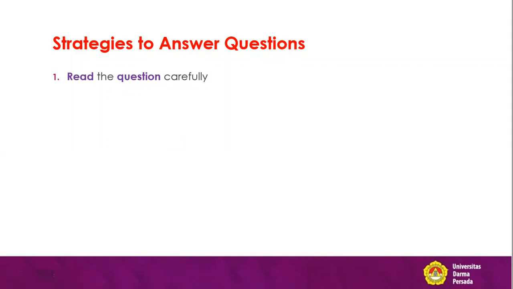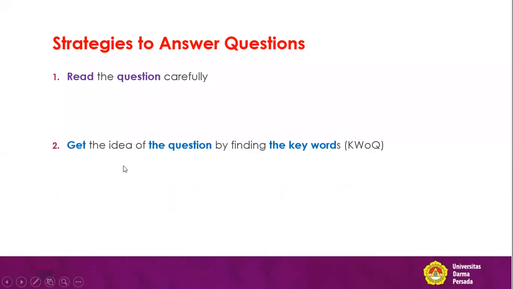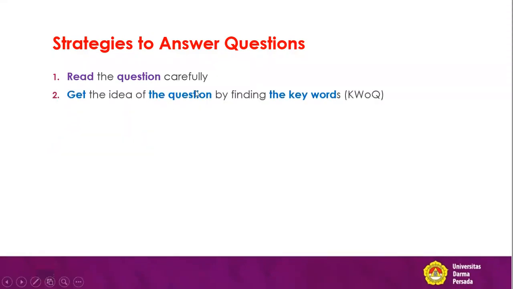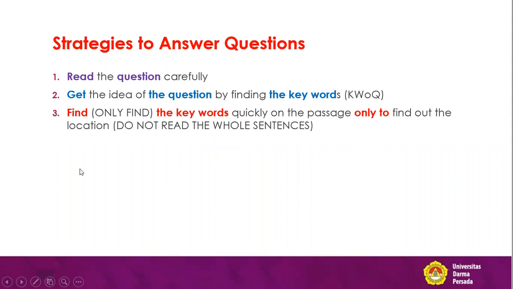What I mean is that you read slowly and carefully, because if you read fast, I'm afraid that you cannot do number 2. Get the idea of the question by finding the keywords, KWOQ, keywords of question. After you read the question carefully, you try to get the keywords of the question. That is very important.